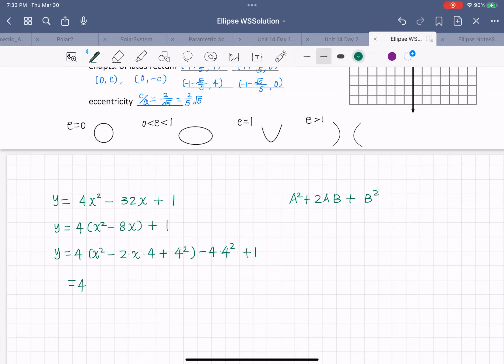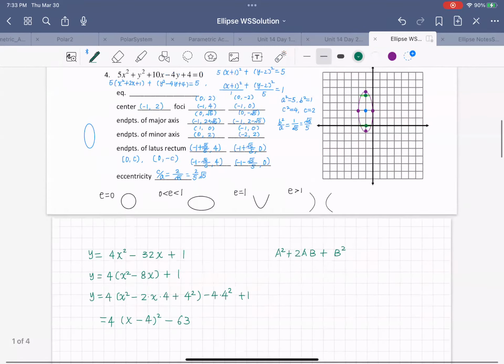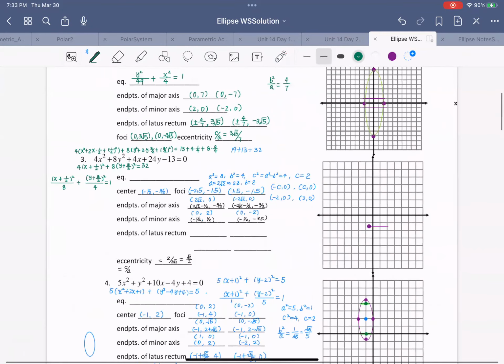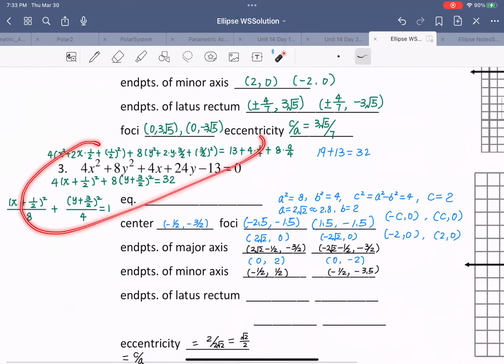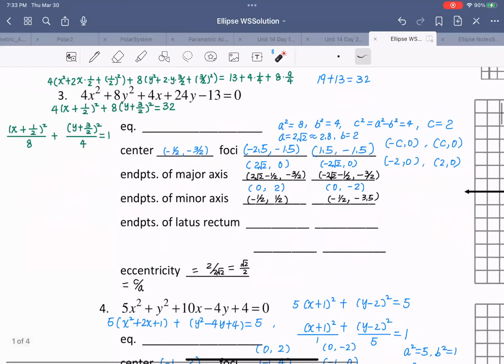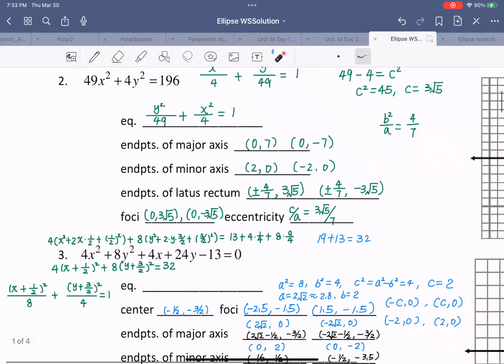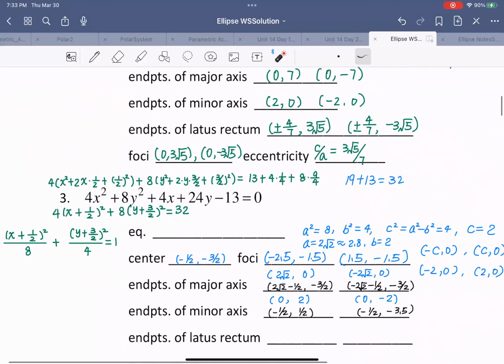Oh, x minus 4 in parentheses squared, right? And then minus, this is 64 plus 1, negative 63. That's it. Okay? So if you didn't get this part correct by yourself, you have a second chance to do it by yourself. Any other student want to walk through with me the completion of the square? Unmute yourself.